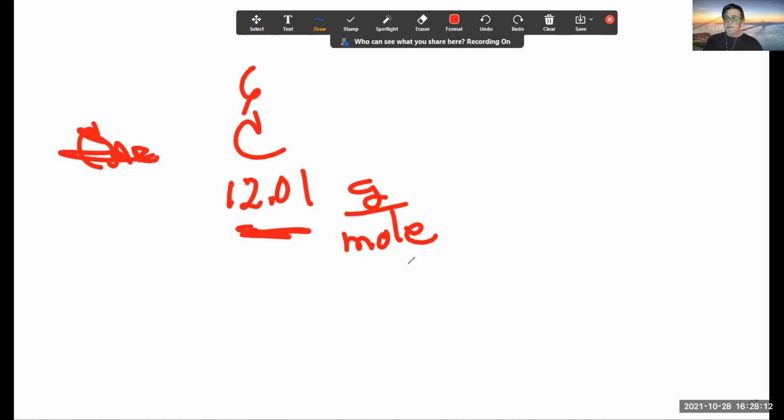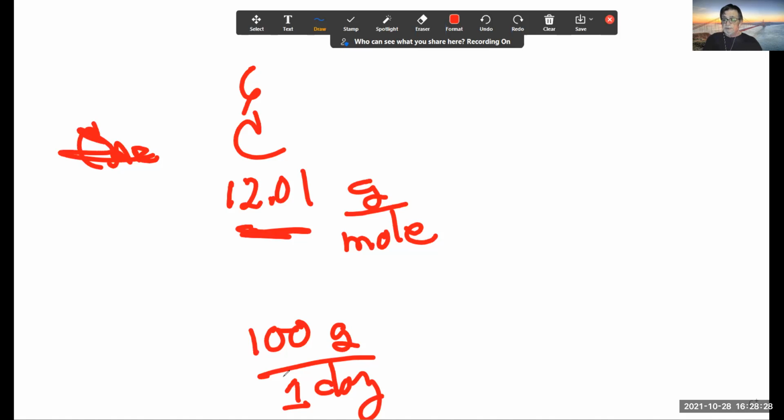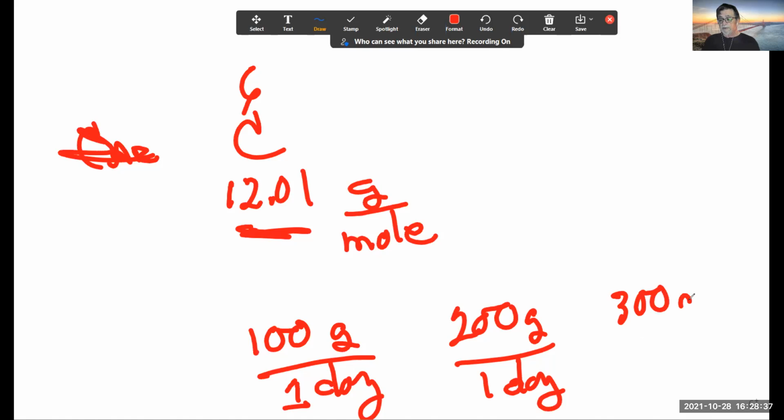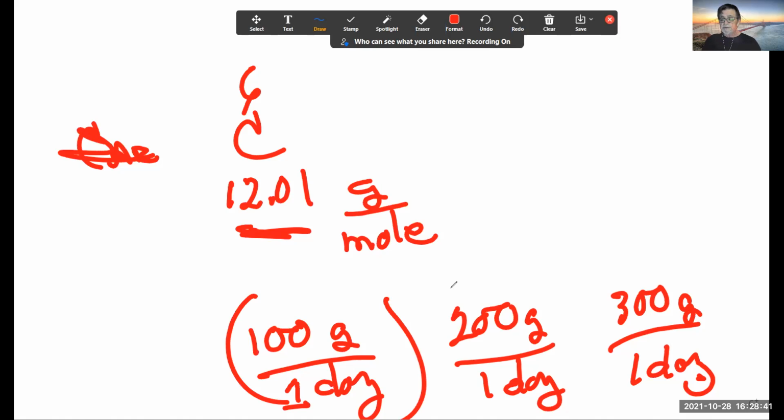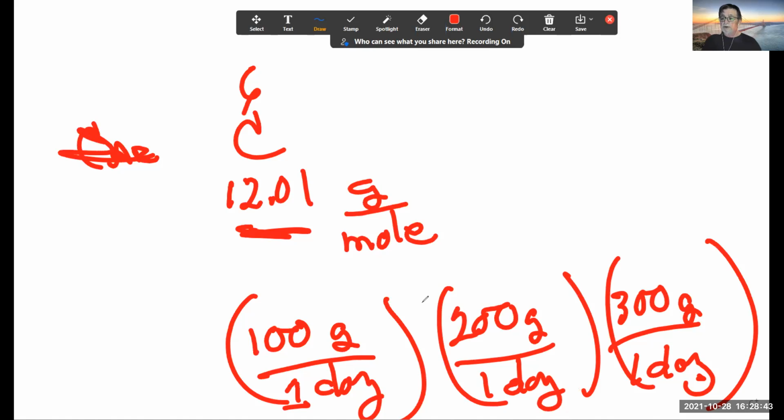Okay, just like the small eggs, it said 100 grams per dozen. That was our unit factor. Remember that? How I set that up? Or the medium eggs, 200 grams per dozen. And the large eggs was set up at 300 grams per dozen. Now, these 3 moieties here, what do they all have in common?